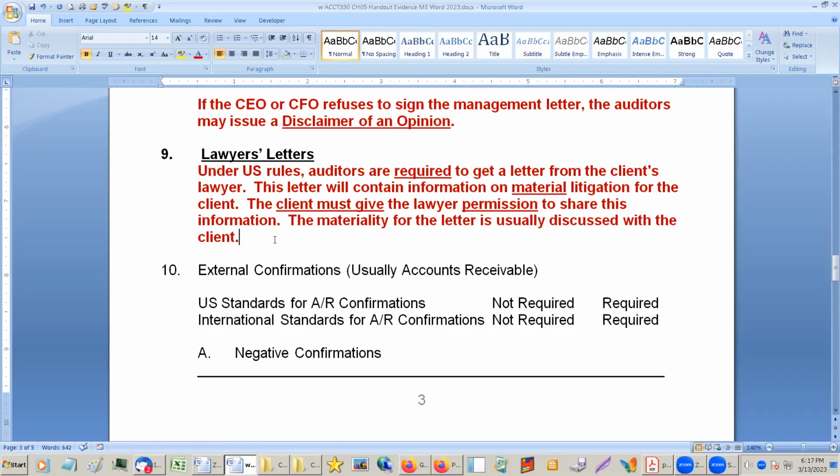Now, this is unusual. You generally do not discuss the materiality with the client, for obvious reasons. If you tell your client that materiality is $230,000, that just tells them that they can cook the books for $220,000 or whatever. So you don't discuss materiality with the client. You tell them that you're looking for material misstatements, but you generally don't tell them what the dollar amount is.